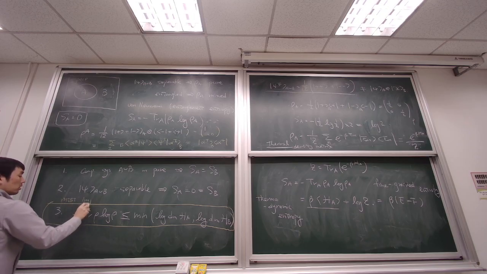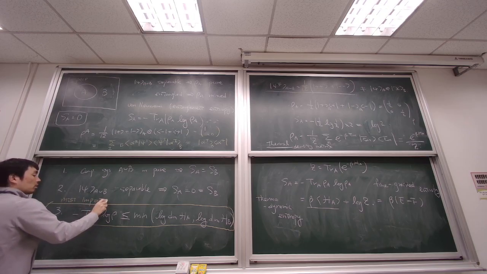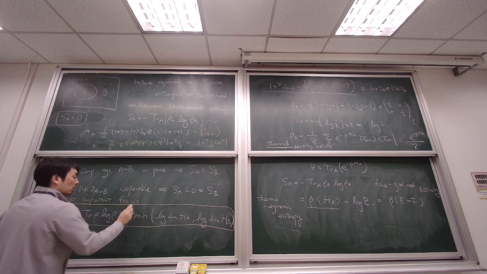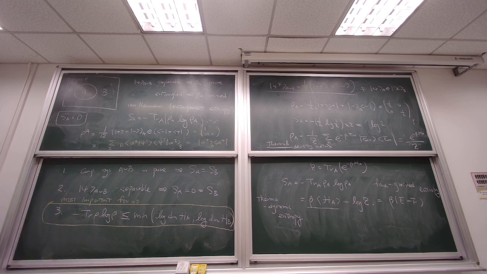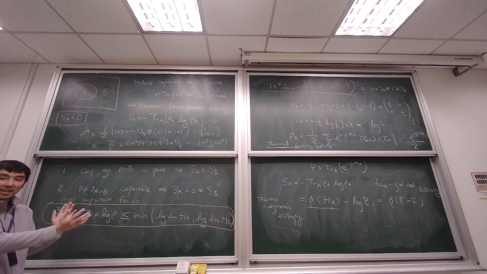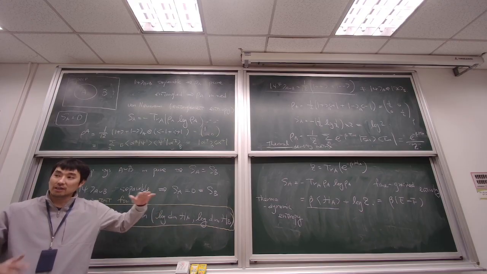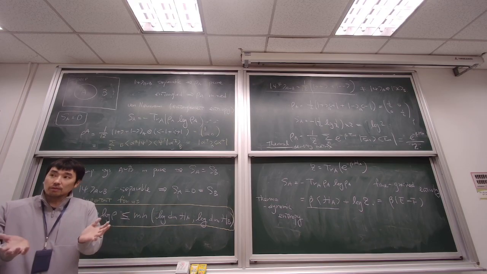Important for us. Okay, so why is this important? The total system should be bounded by the log of the dimension of one subsystem.